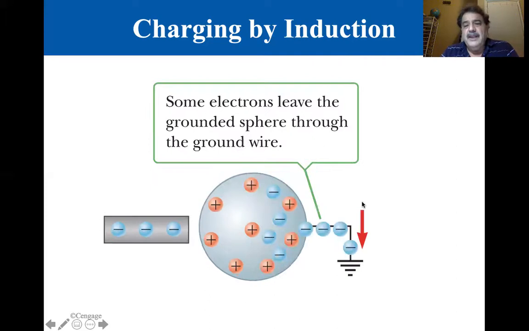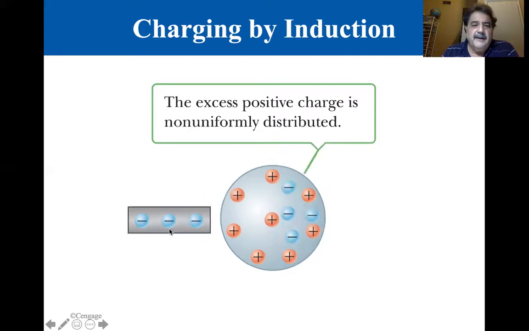Then we bring a wire. Some electrons leave the grounded sphere through the ground wire. We touch this to what is called electrical ground, and some of the charges leave. Now, we've never made contact with this rod, and once we remove the path to ground, the excess positive charge is non-uniformly distributed in the sphere.